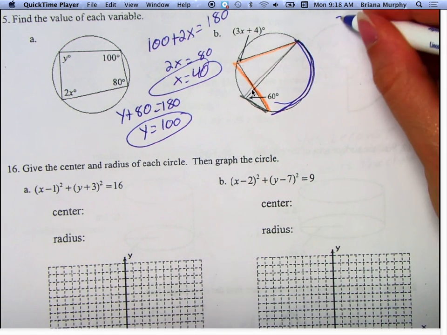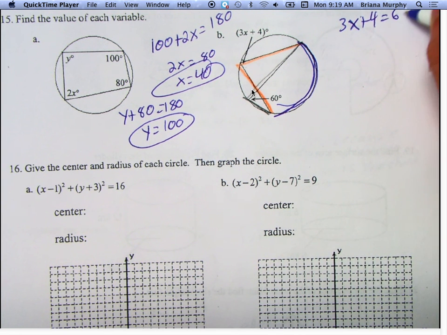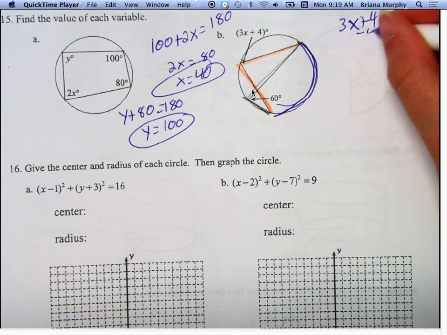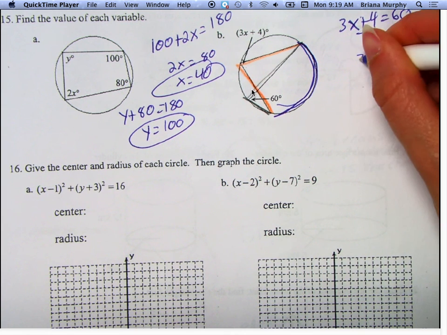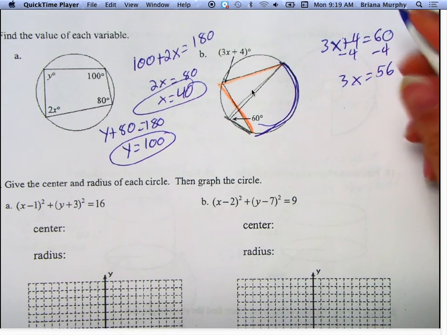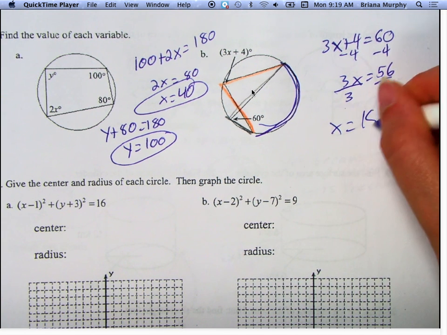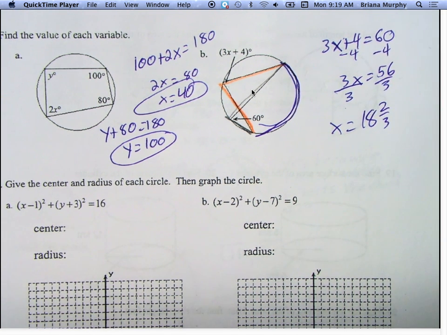Equal. 3x plus 4 equals 60. So I'm going to subtract 4 from both sides. So 3x equals 56. Now I'm going to divide both sides by 3. x equals 18 2/3 or 18.667. I had a lot of people freak out about this and say I had the wrong answer because I have a decimal. A decimal does not mean you have the wrong answer.